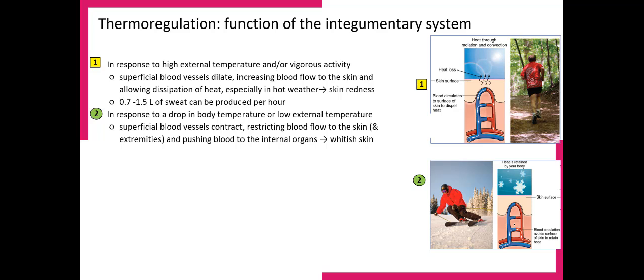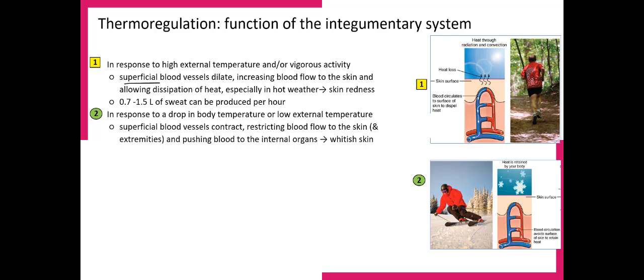As well as the goosebumps that come as part of thermoregulation, we also have sweat production to help thermoregulate, as well as the role of superficial blood vessels. Superficial means at the top, so superficial blood vessels lie just underneath the skin surface.